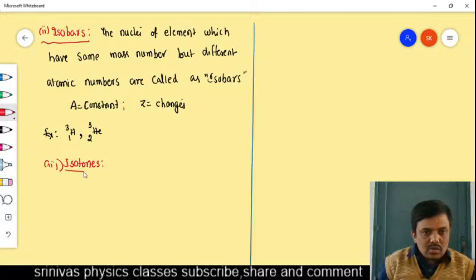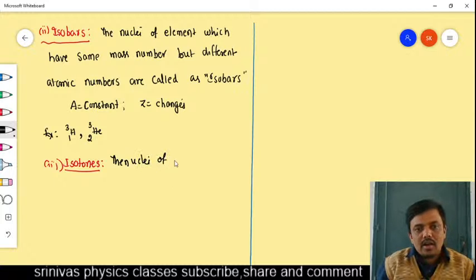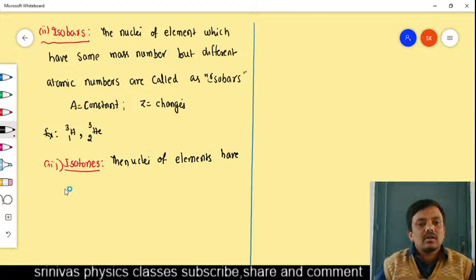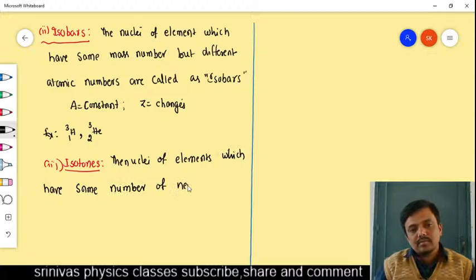Isotones are the nuclei of elements which have the same number of neutrons but different atomic number and mass number.